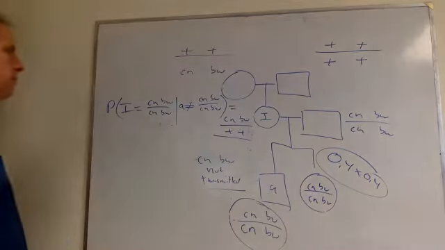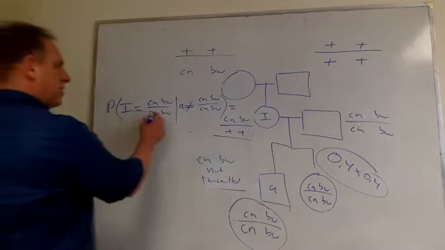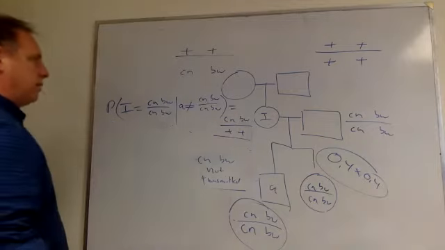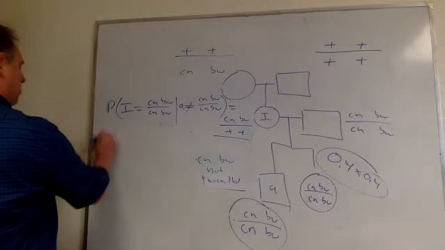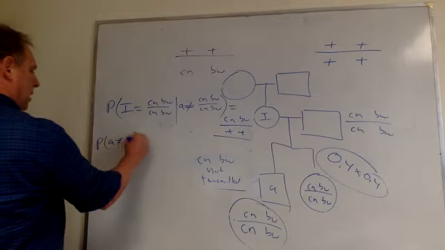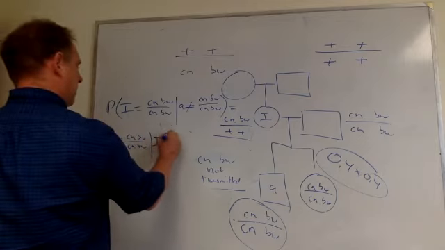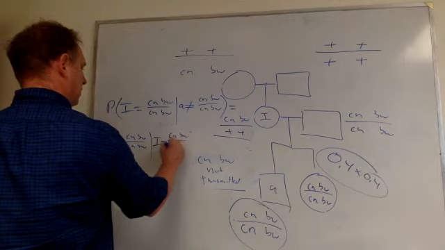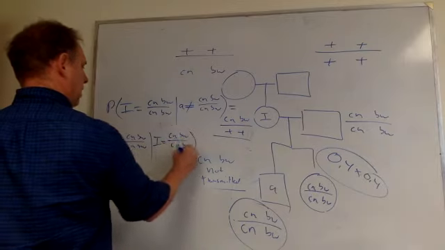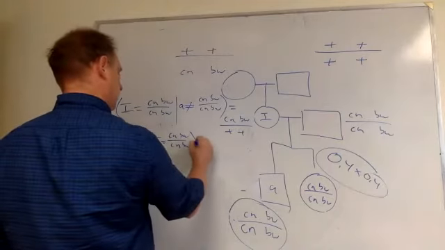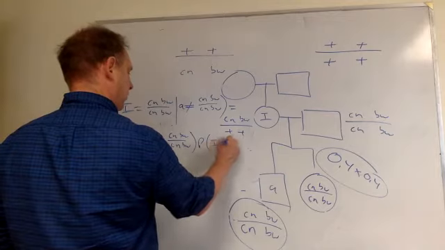particular outcome. All right. So the probability that this individual I has that configuration, given that this individual is not Cinnabar brown, is going to be equal to the probability that that individual is not Cinnabar brown, given I does have that configuration, times the probability that I has that configuration.